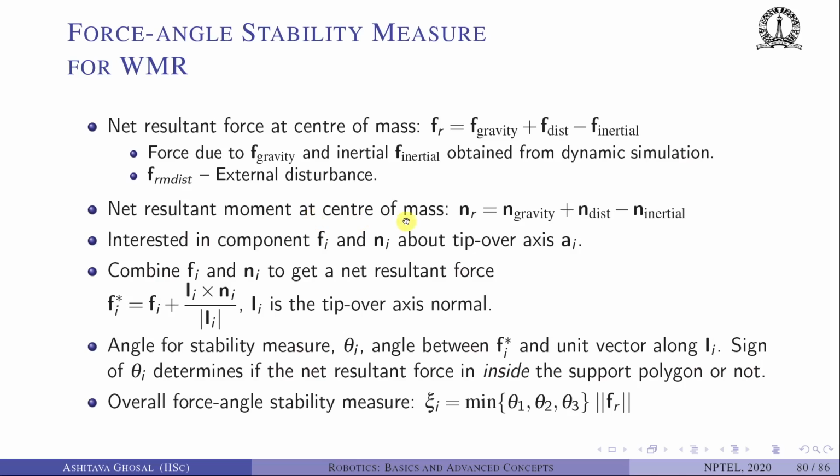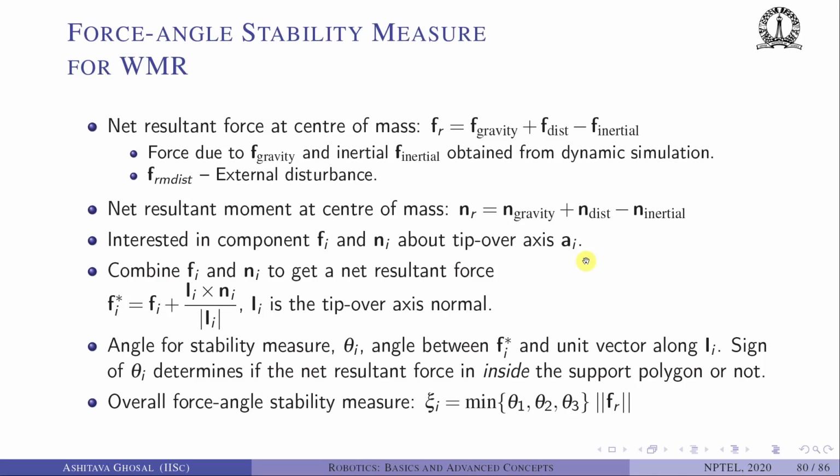The net resultant moment at the center of mass is due to gravity, the disturbance moment and the inertial moment. We are interested in the components of Fi and Ni about the tip over axis Ai. There are three of them: between 1 and 2, 2 and 3, and 3 and 1.